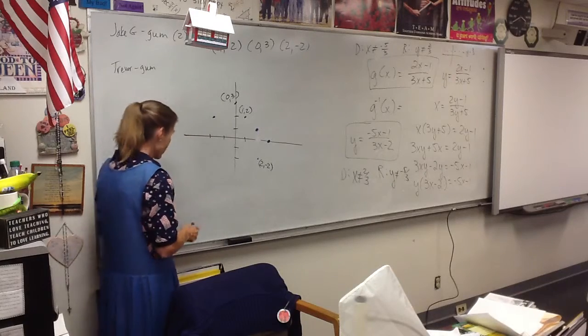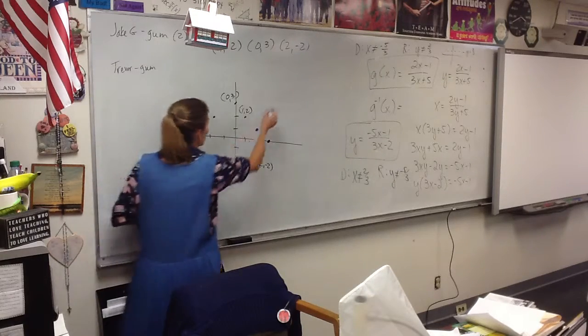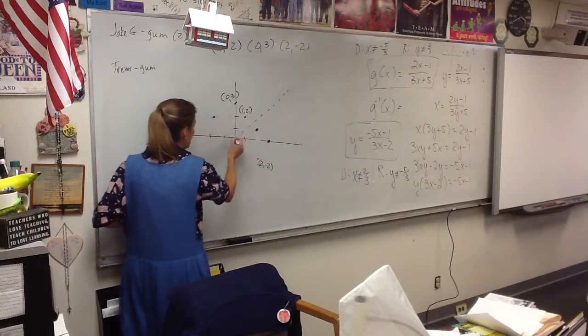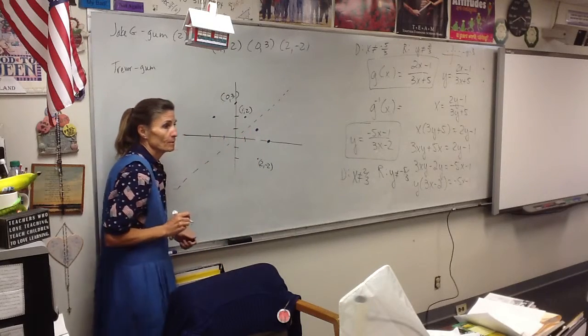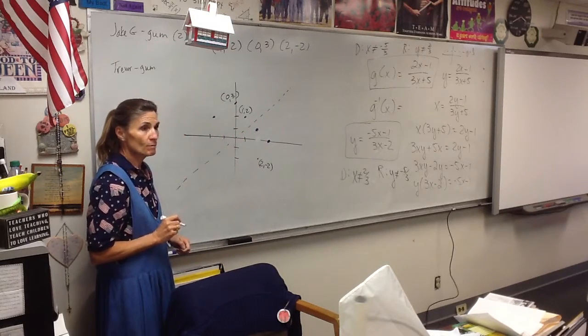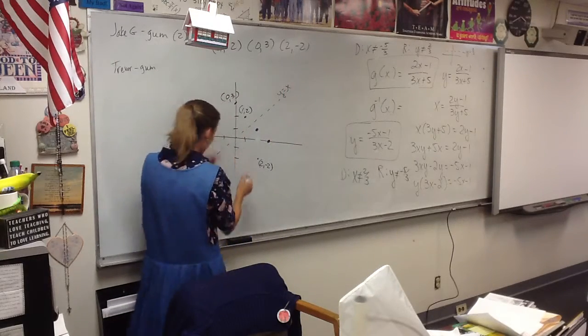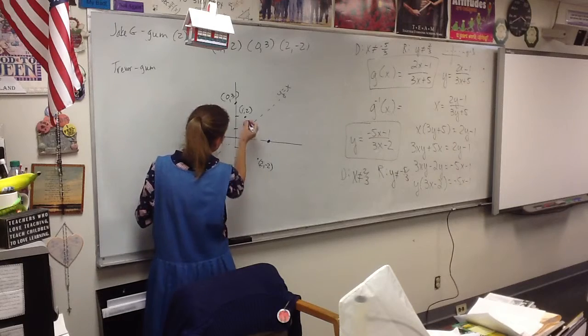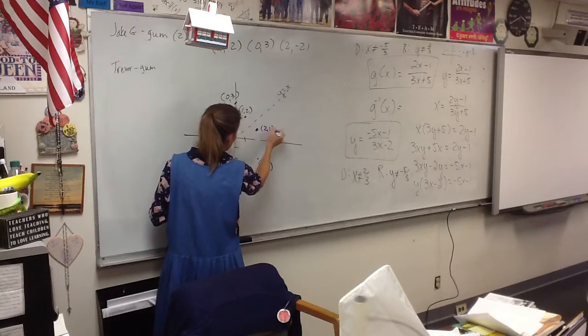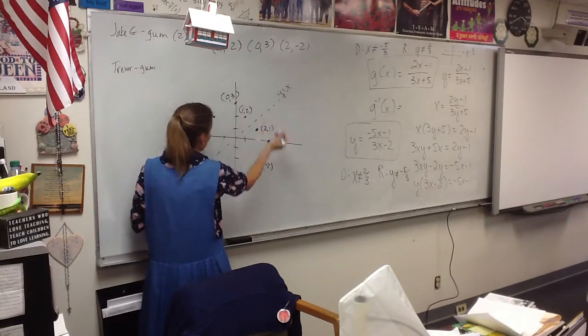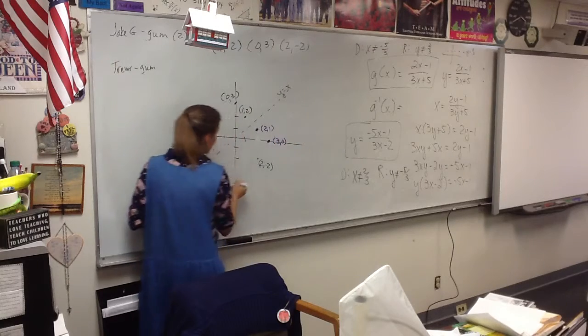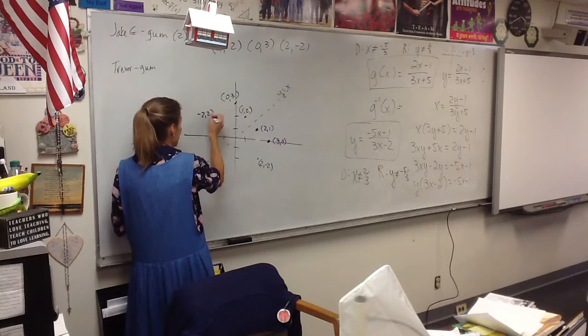Now it's kind of hard to tell on my picture, but I want you to envision the identity line running down through the middle of that. Remember your identity? Tell me about the relationship. This was one point, this was its inverse point. That was one point, this was its inverse point. That was one, and this was its inverse.